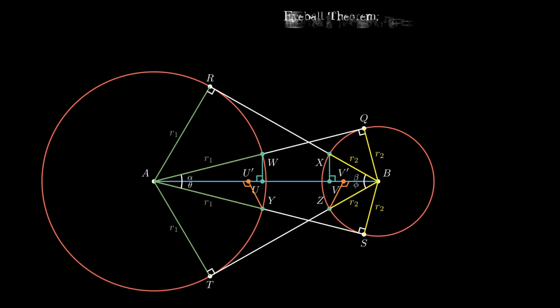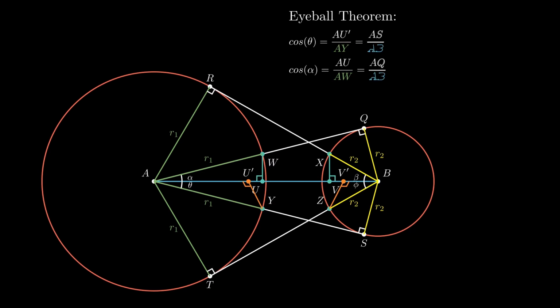In order to do so, we're first going to see that cosine of theta is equal to AU prime over AY, which is equal to AS over AB. And similarly for cosine alpha, we see AU over AY is equal to AQ over AB.